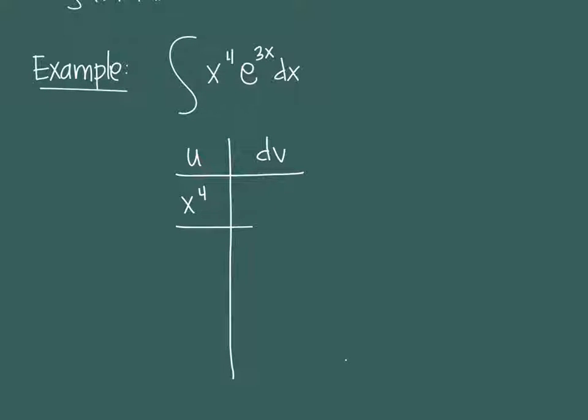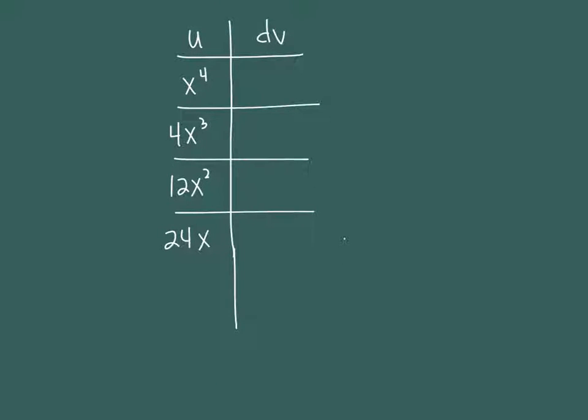Then I work my way down the table. After x to the fourth would become 4x to the third. After that would become 12x to the second. 24x. 24. And you stop when you get to 0. So we're working our way down derivatives.